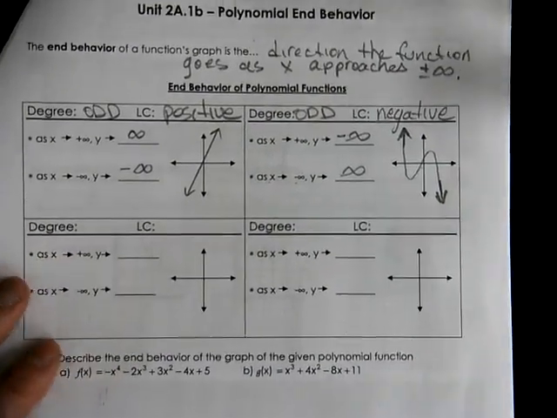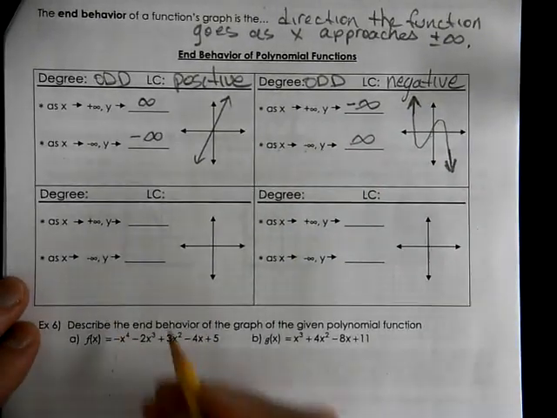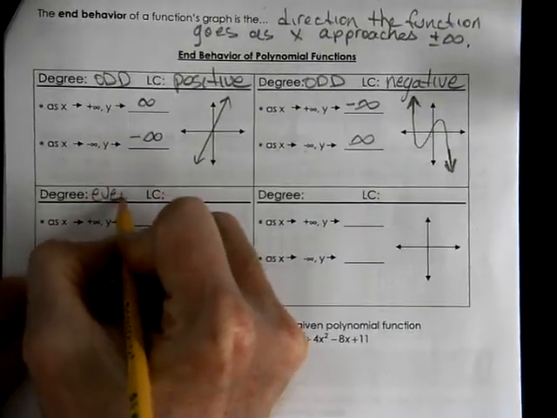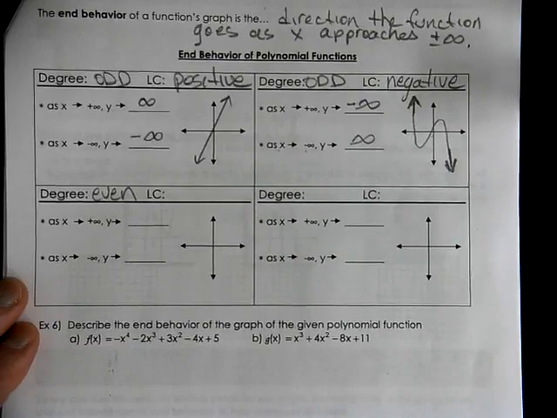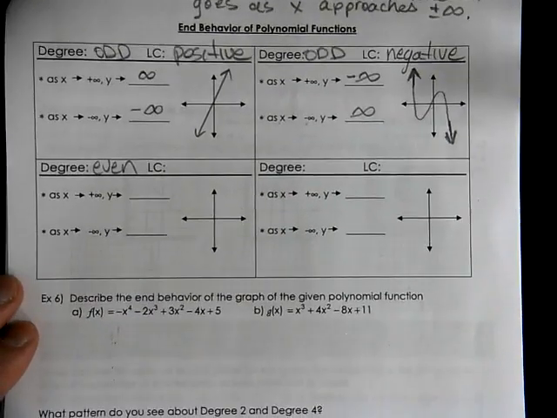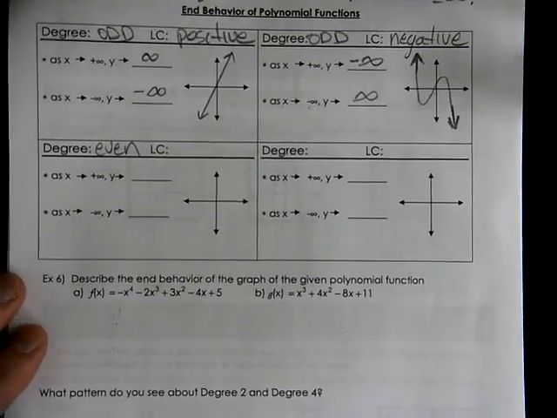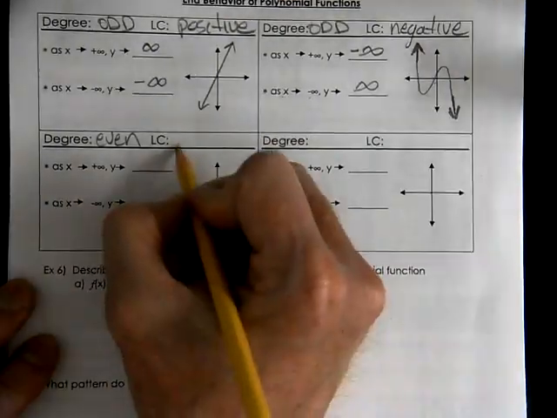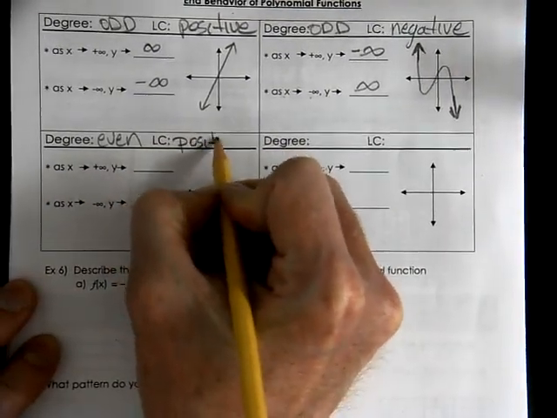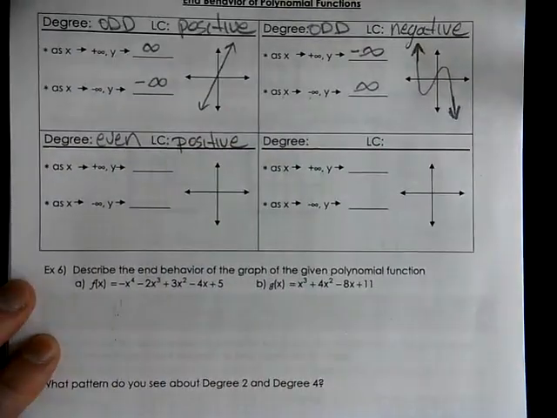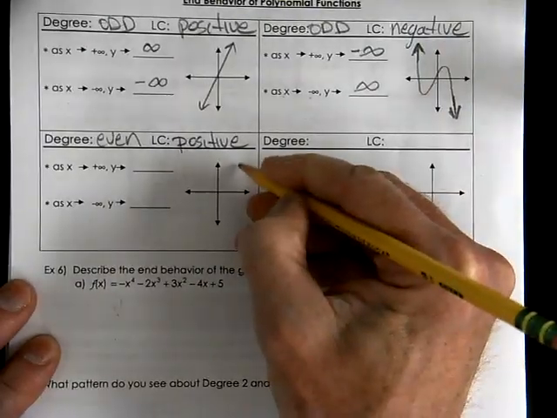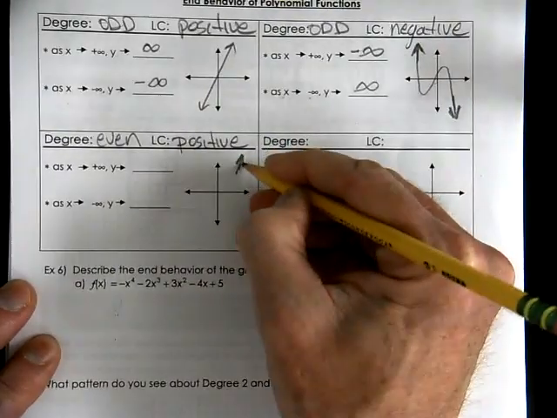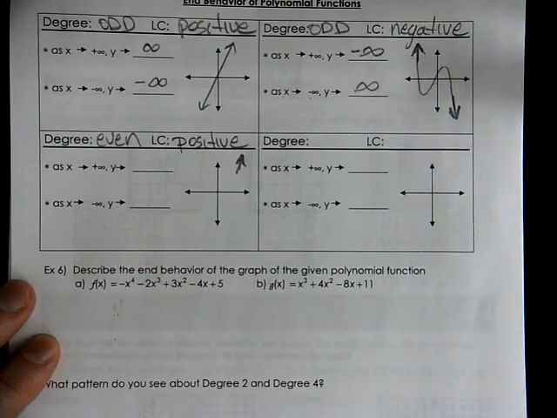So what do you expect is going to happen when we're working with an even degree? With an even degree and a positive leading coefficient, it's positive, so you know that it goes in the positive direction to the right.